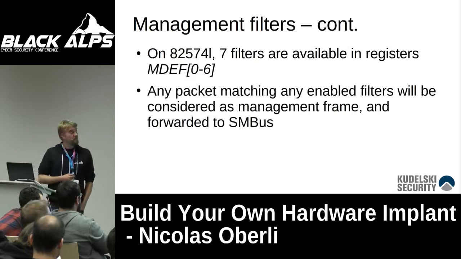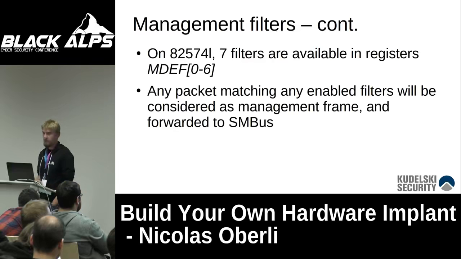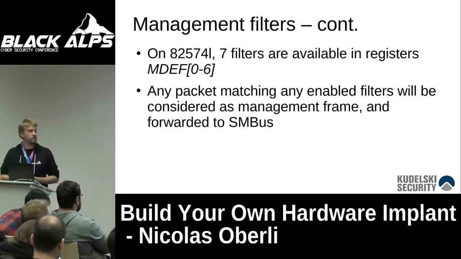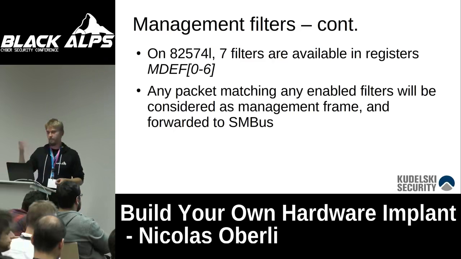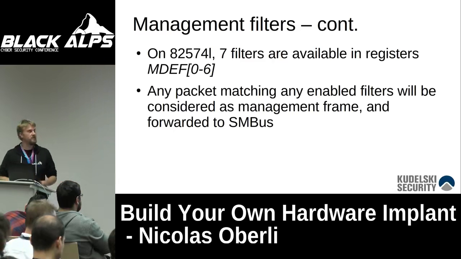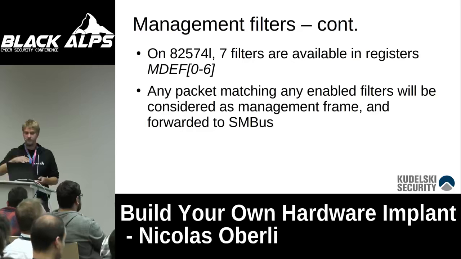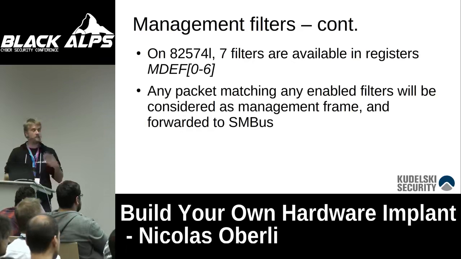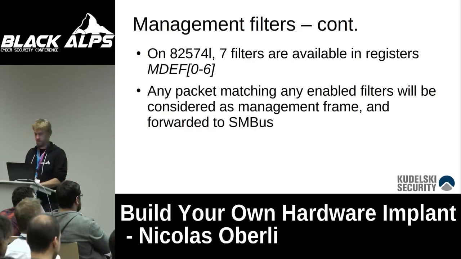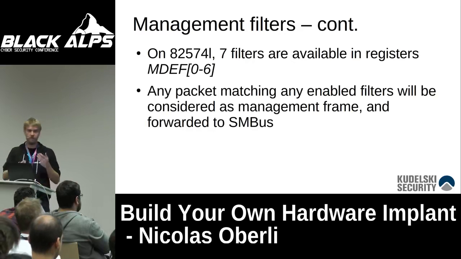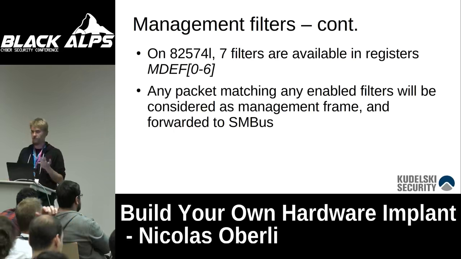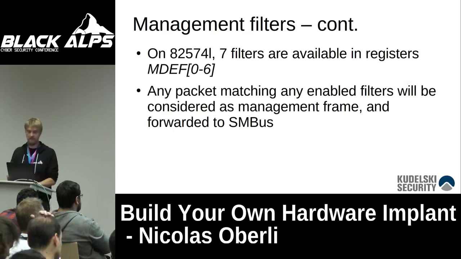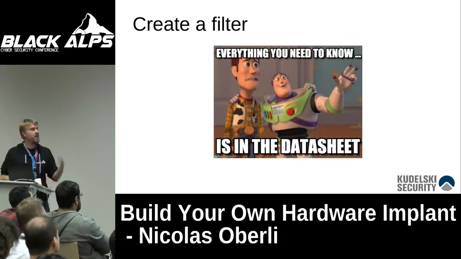Good thing is you have actually 7 different filters available, so you can create filters for a specific port or a specific source IP, etc. And all those filters are directly in the network card, and there's no way for the host to know which traffic goes where, because the host actually doesn't see the traffic that is matched by the filters.